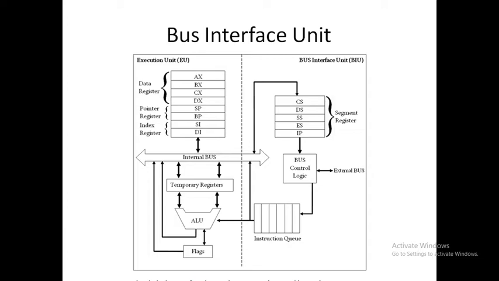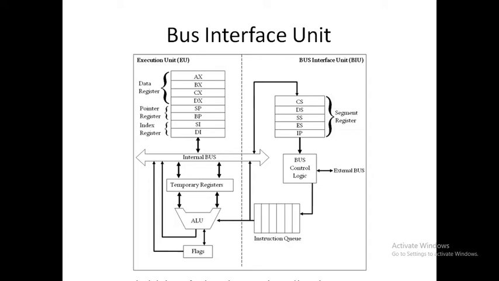Both units operate asynchronously to give the 8086 an overlapping instruction fetching and execution mechanism, which is called pipeline. In an earlier video we have seen what pipeline is. This results in efficient use of the system bus and better system performance.